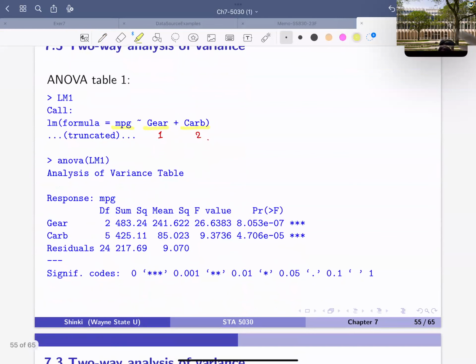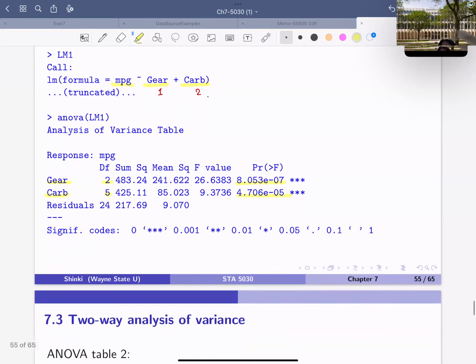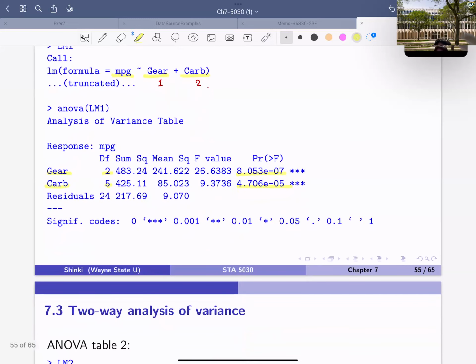So in the ANOVA table here, it tests if the gear is significant against the null model. And we test if carburetor also matters for MPG, even after accounting for the number of gears. So that p-value is also very small here. So that is how to read this table.